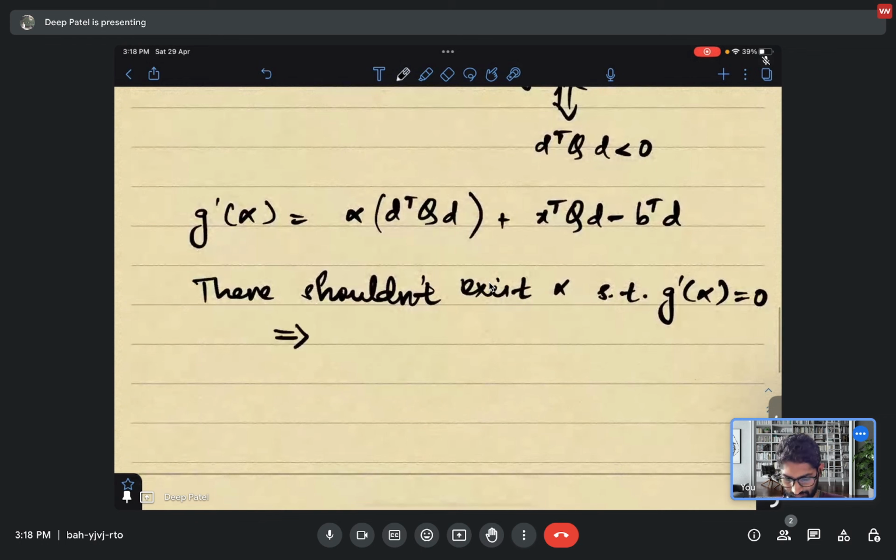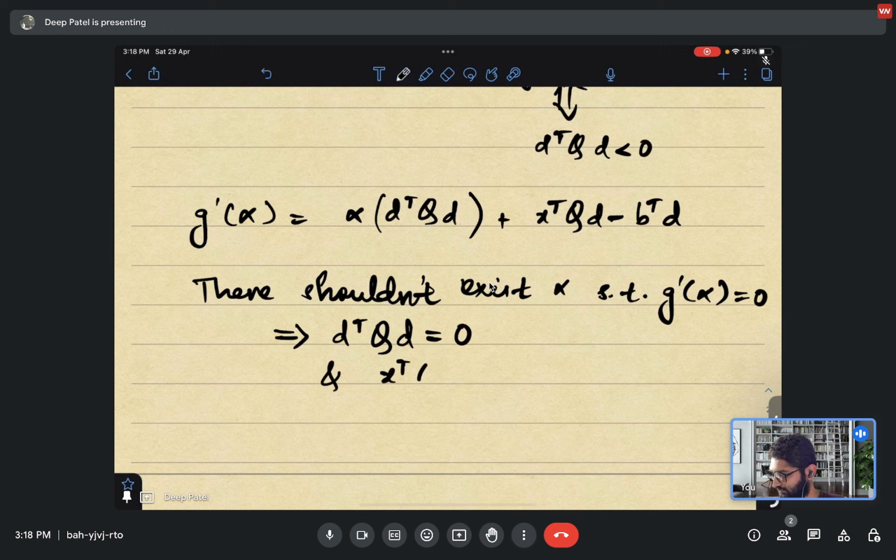So that means one way to do it would be d transpose Qd is 0 and x transpose Qd minus p transpose d is not 0, right? One possibility.